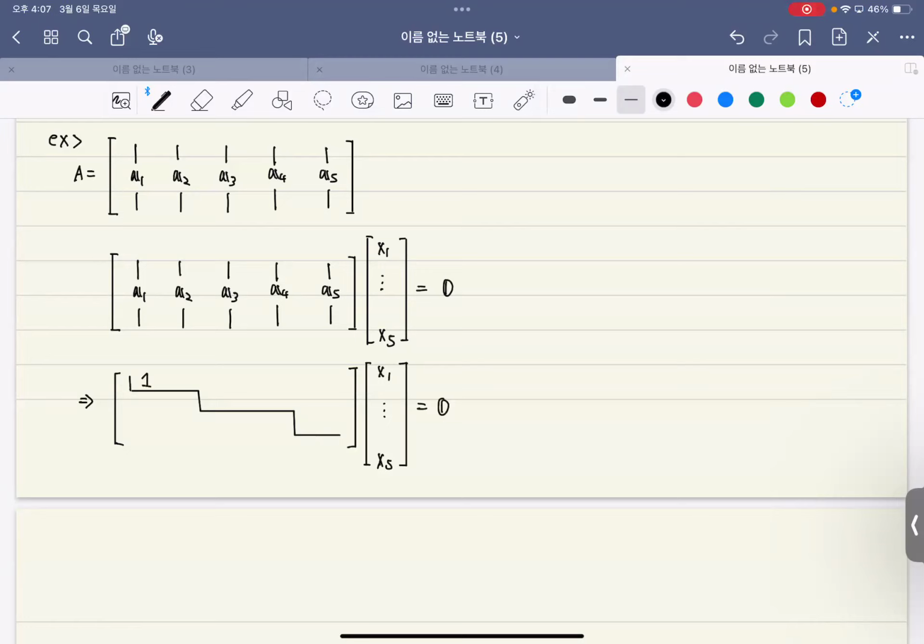So this is 1, I have some random number here, and 1, 0, some other number, and 1, 0, 0.